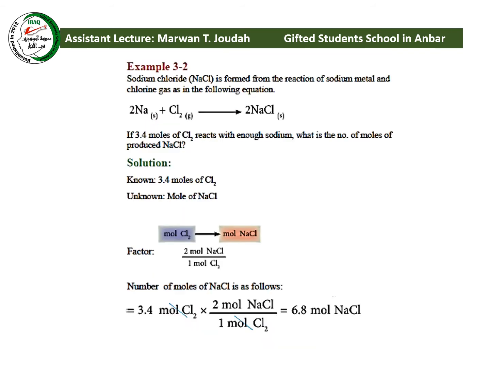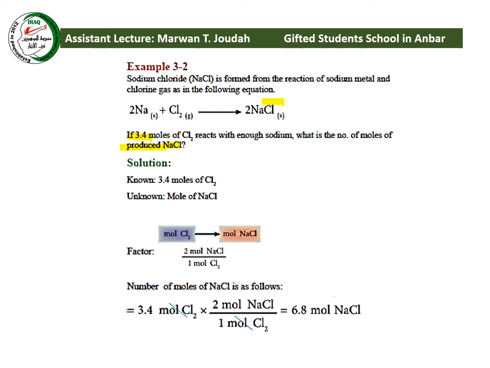Now let's explore more. Example 3.2: sodium chloride, NaCl, is formed from the reaction of sodium metal and chlorine gas as in the following equation: 2Na plus Cl2 gives us 2NaCl as a solid, table salt. If 3.4 moles of Cl2 react with enough sodium, what is the number of moles of the produced NaCl?